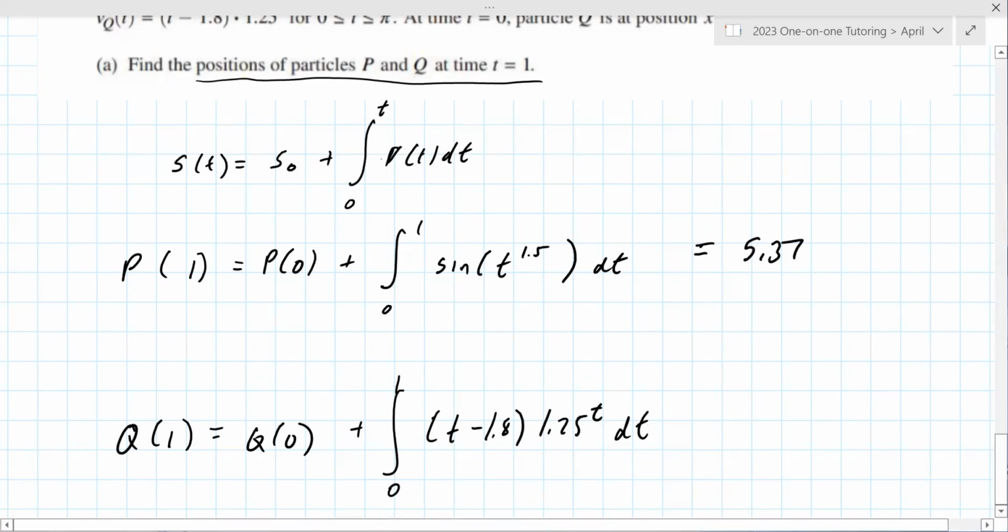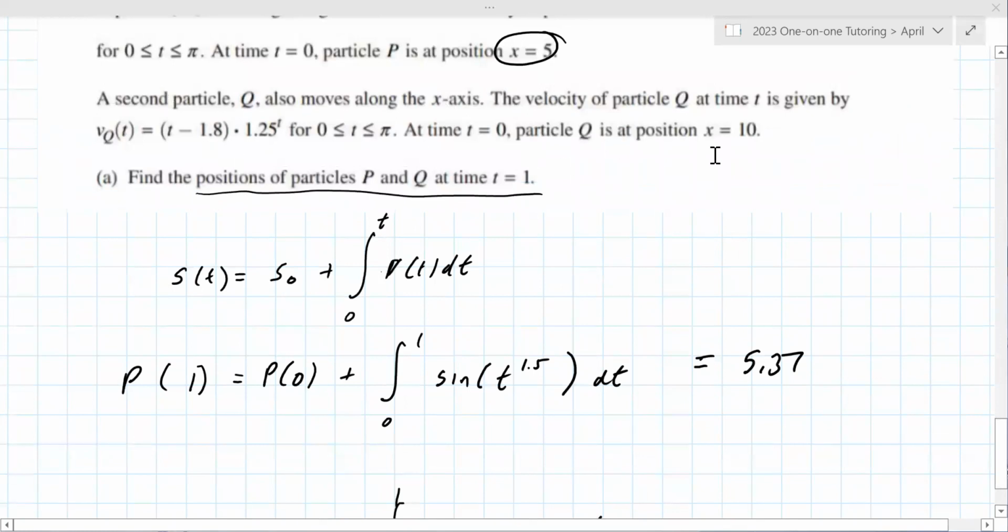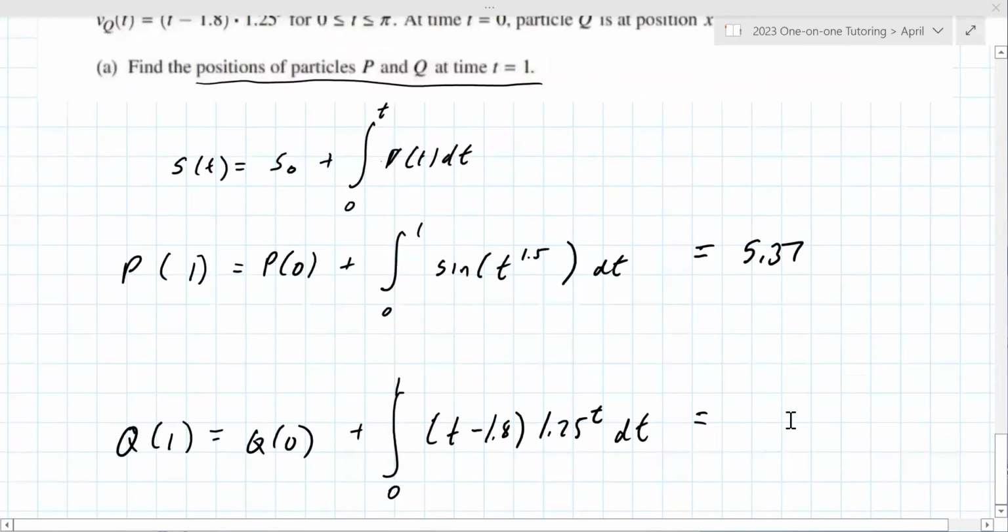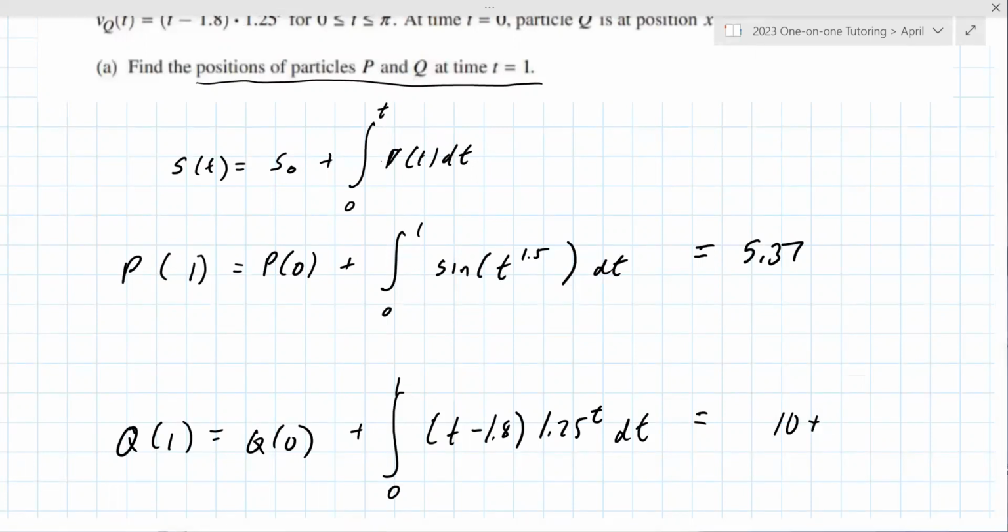They're available online. I can look if you want to spend some time on that today. But go to the calculator and get this result here. What's Q of 0 again? Looks like it's 10.